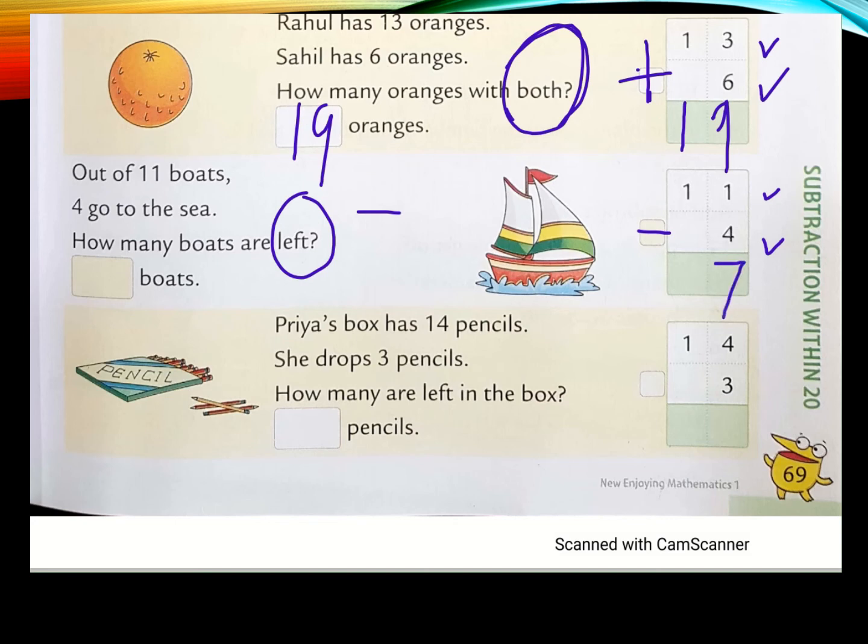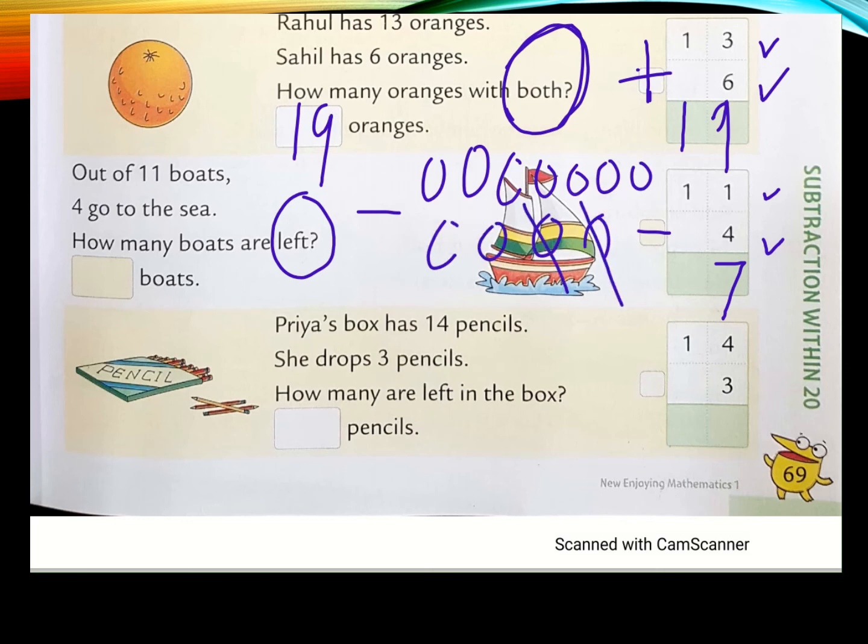So 7 are left. Or you can draw circles. 1, 2, 3, 4, 5, 6, 7, 8, 9, 10, 11 boats, and 4 went off. So you have 1, 2, 3, 4, 5, 6, 7 boats left.